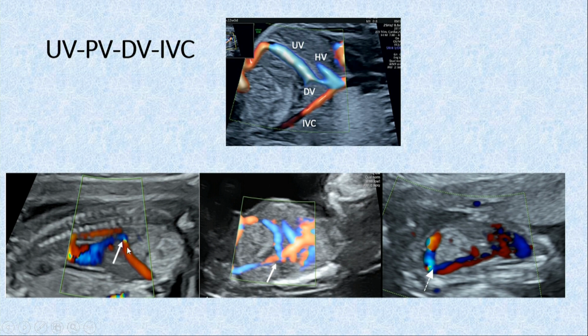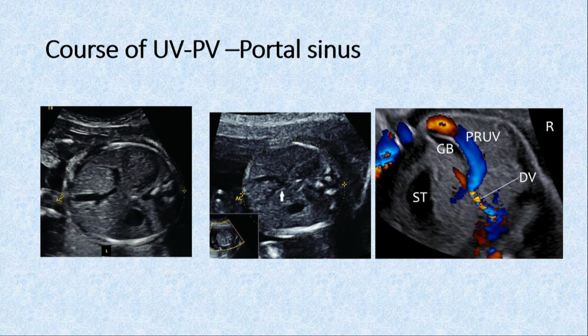It may get attached to the IVC directly with the presence of the ductus, or it may get directly attached to the IVC without the presence of this ductus, or the umbilical vein, instead of going into the IVC anywhere, can go down and join the pelvic vessels. And in all of these anomalies, cardiac anomalies and aneuploidies become a very important component, and therefore we have to evaluate these fetuses very meticulously when we see the ductus venosus abnormality.